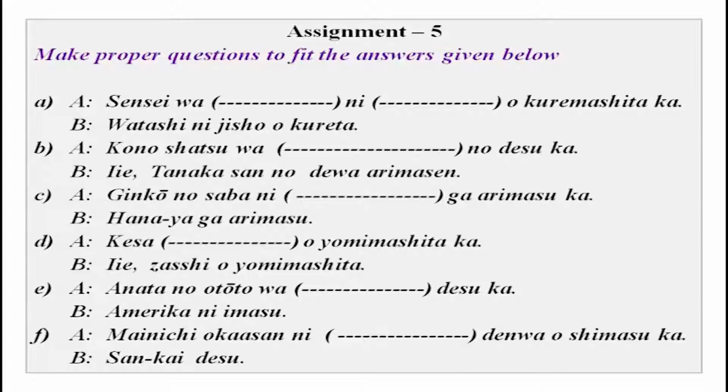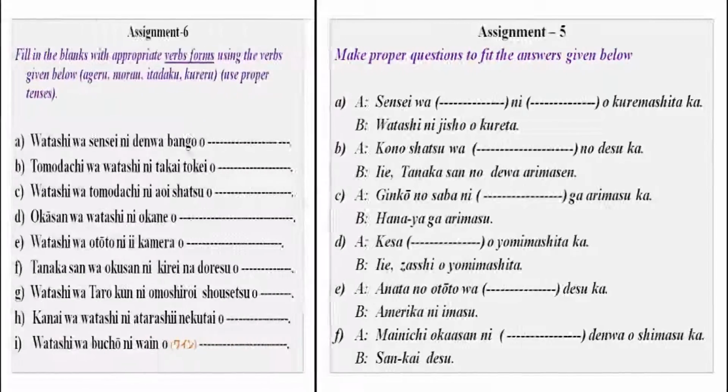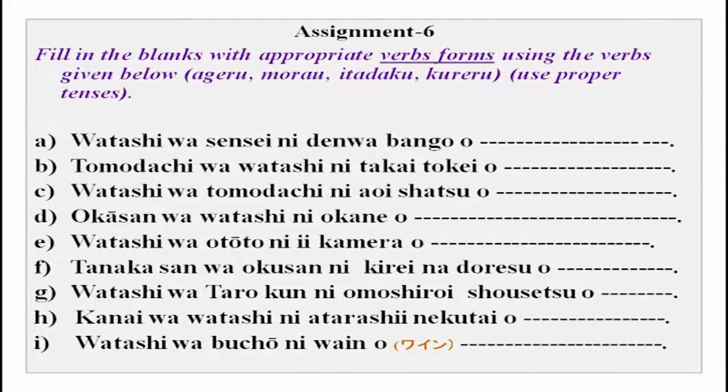Well, let us see what else do we have. Make proper questions to fit the answers given below. So, you have to read the small kaiwa and read the answer and then write the question word over here. And fill in the blanks with appropriate verbs or verb forms.